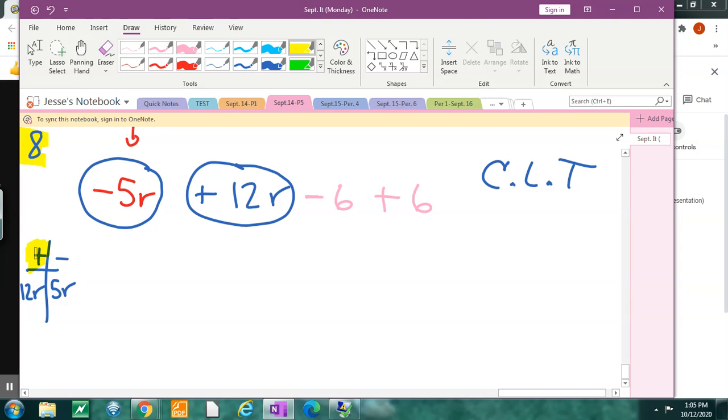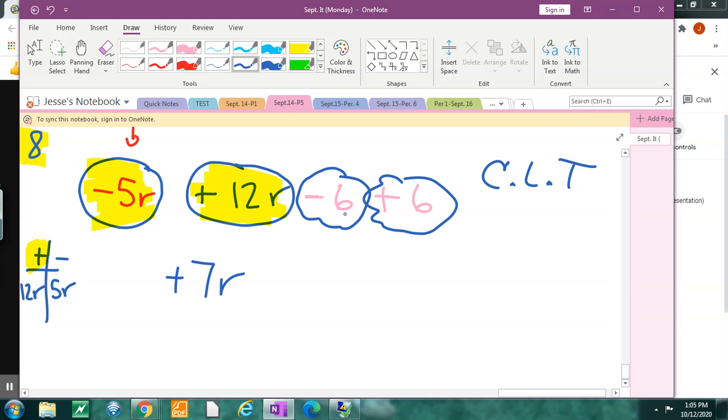What's my answer for the negative 5r plus 12r? Positive 7. Very good. 7, don't forget the variable, which is r. And then what's negative 6 plus 6? That cancels out, right? So what's my answer? 7r. So there you go. That is my answer.